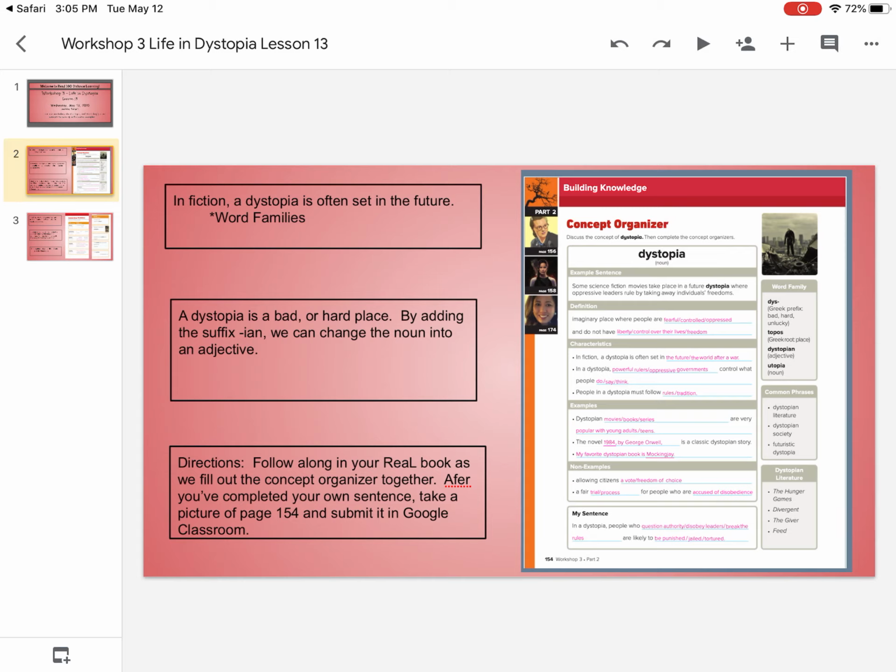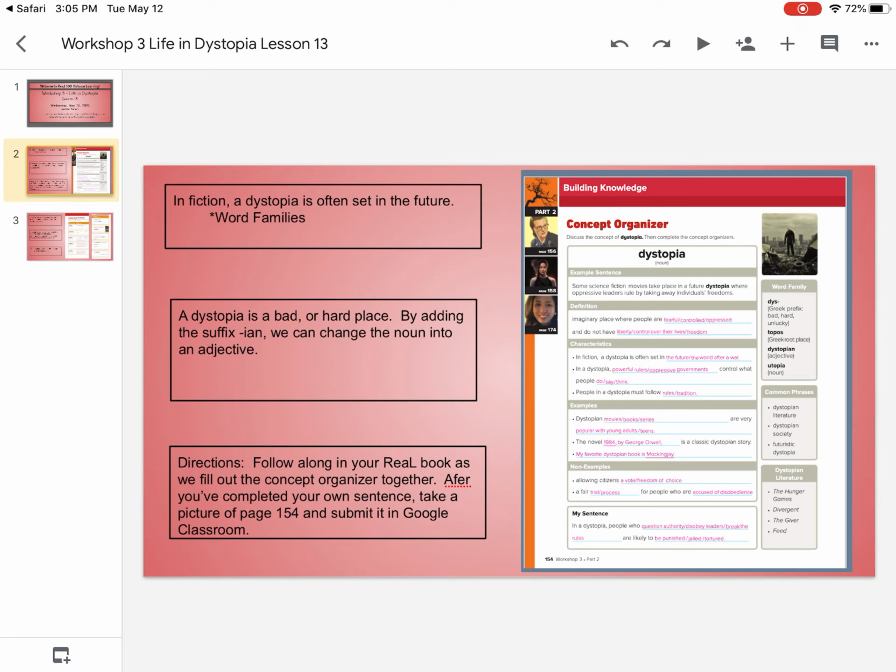We're going to talk about some word families in a little bit. A dystopia is a bad or hard place. So we can add the suffix ian and change that noun dystopia into an adjective, which means it's a dystopian society. It is a bad or hard place for these people to live in.